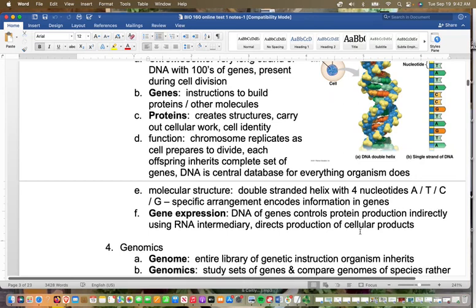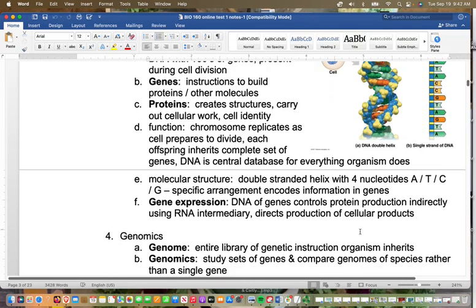So gene expression is when the DNA of these genes is going to control protein production. So indirectly, it's going to use an RNA intermediary. The DNA is going to be your long-term molecule that's protected, but the RNA will provide a working copy that will go out into the cell, and that will direct the production of cellular products.